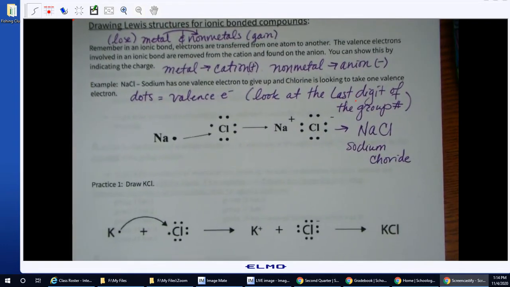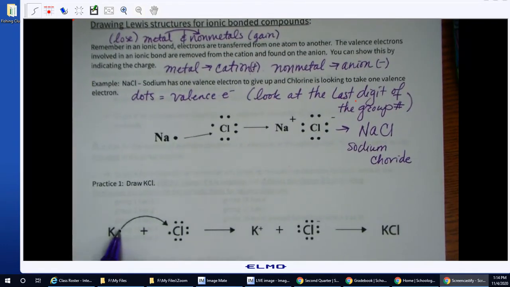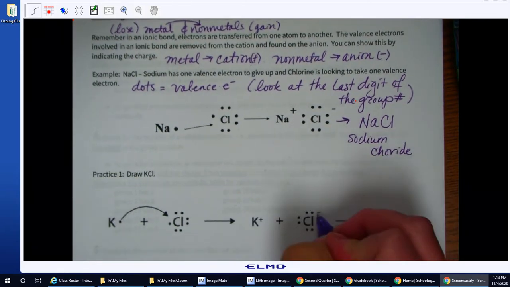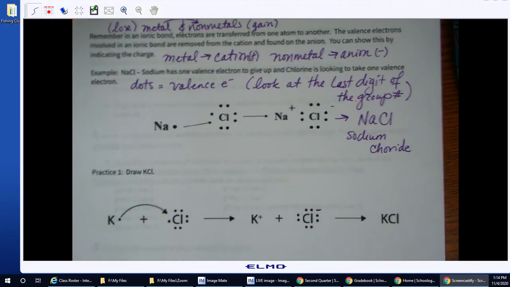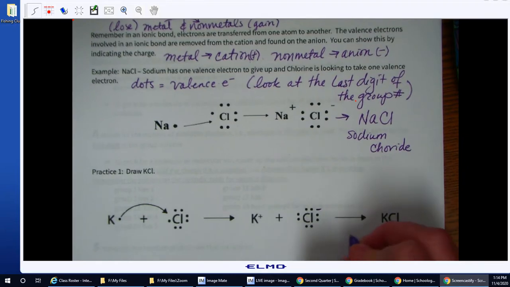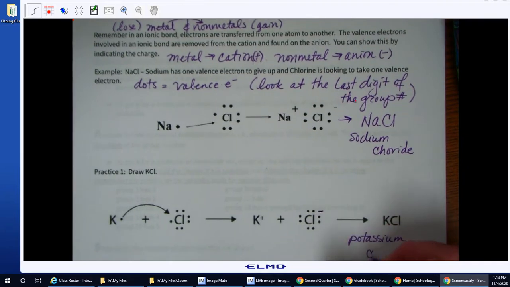Next, I have another group 1 element like potassium. Group 1, right? It has one valence electron. That one valence electron will move to the chlorine atom. It will form a positive potassium ion, and it will form a negative chlorine ion, and that actually becomes chloride. So this will become potassium chloride.